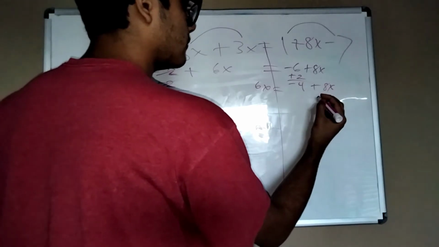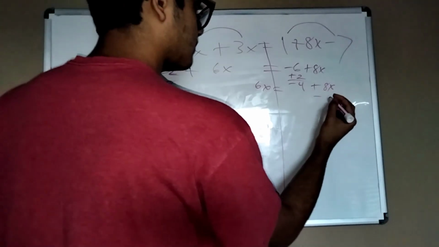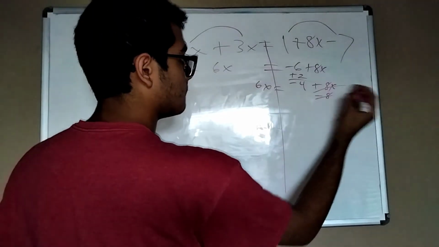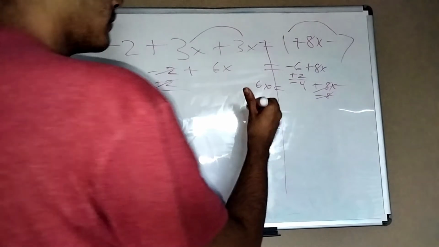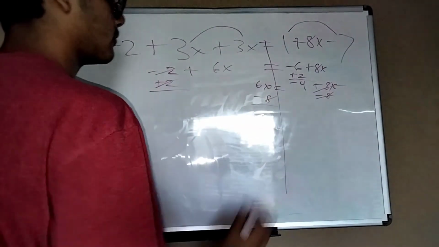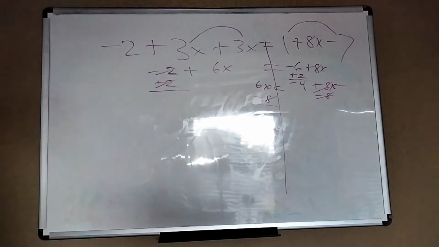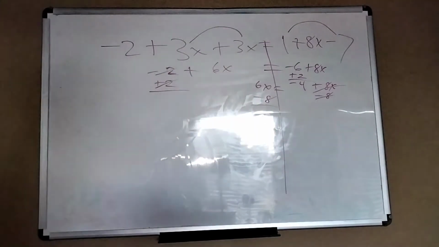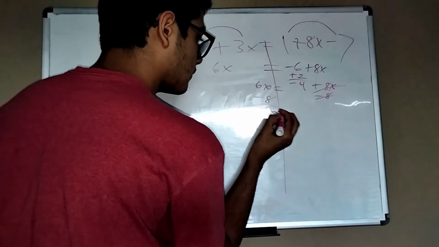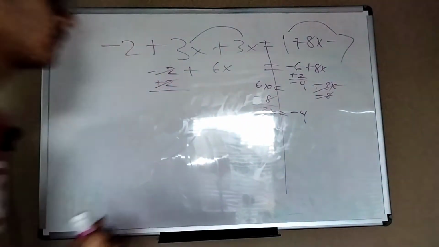So you have to turn the 8x negative and cancel it out. And you have to do it on the other side. 6x plus negative 8x equals negative 2x, equals negative 4.